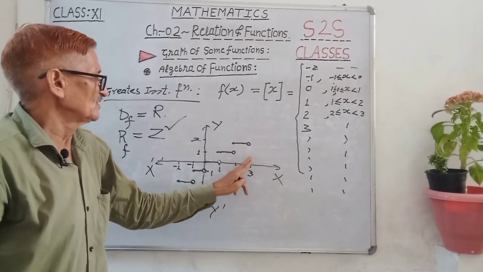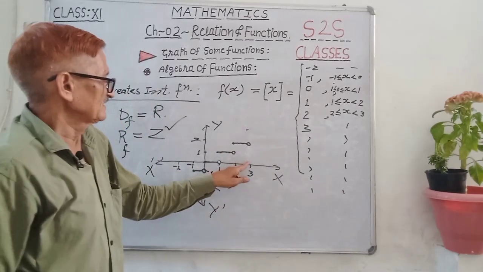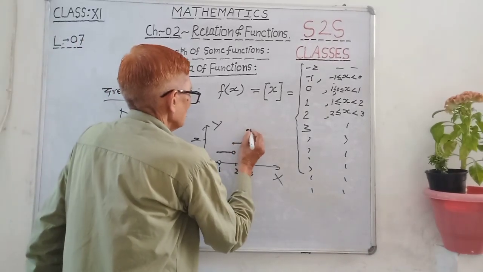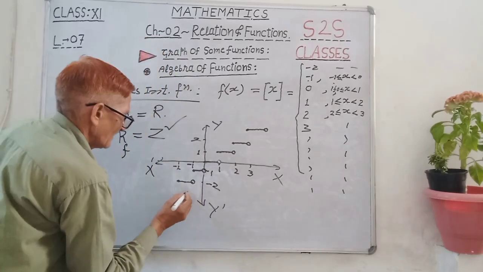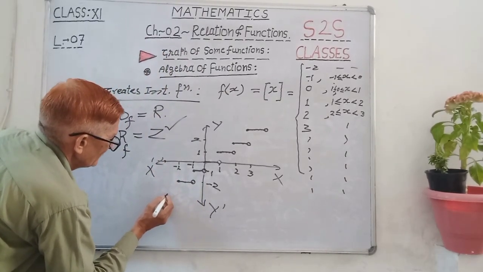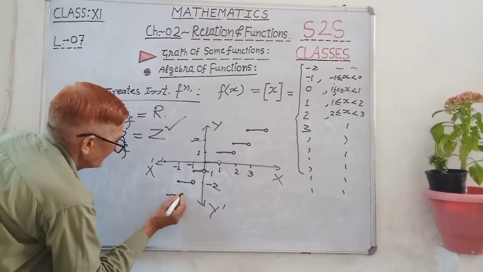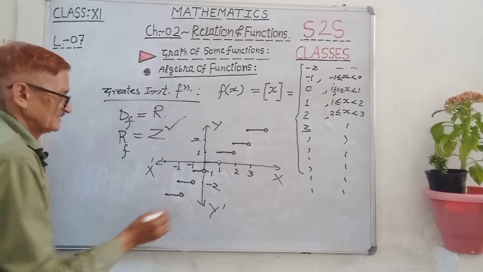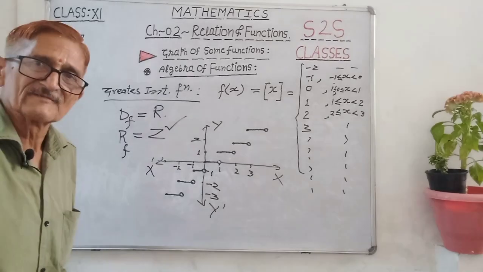Why? Because at exactly 3, y becomes 3, and this point comes at exactly 3. If x is 3, then y is 3, made here. Dark, and then this open, then at 4 also open. Like this, here also the same: at minus 3, y is minus 3, exactly minus 3 is made, and then open. This is minus 3. So like this the graph will be there.